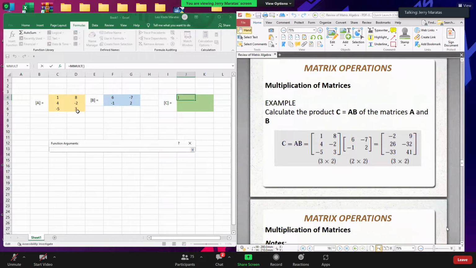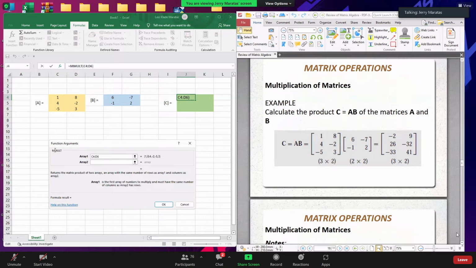This is your first array, and this is your second array.